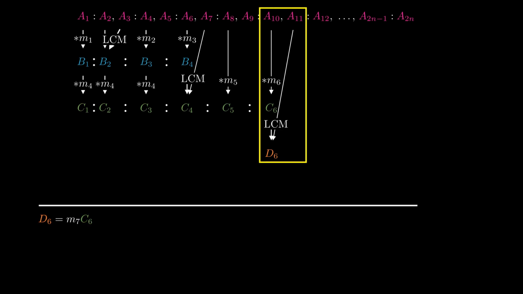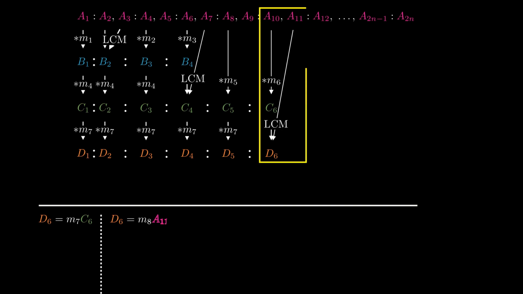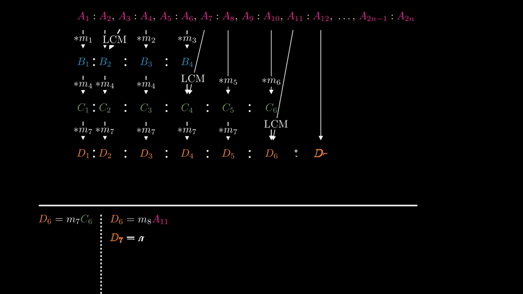Write d6 as m7 times c6, and multiplying the previous c's with m7 will perform that balance. Furthermore, write d6 as m8 times a11, and let d7 equal m8 times a12, so that d6 to d7 is proportional to a11 to a12. We thus have the continued proportion d1 to d2 to d3 to d4 to d5 to d6 to d7 that is built from the first six given ratios.